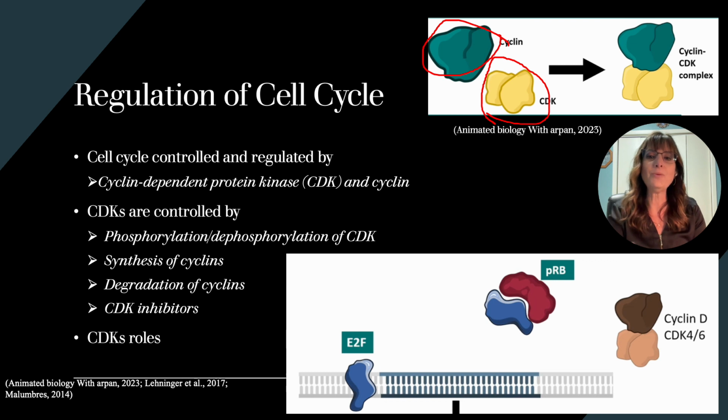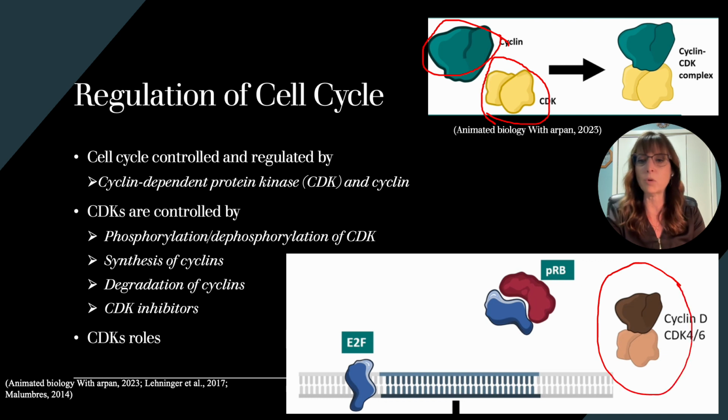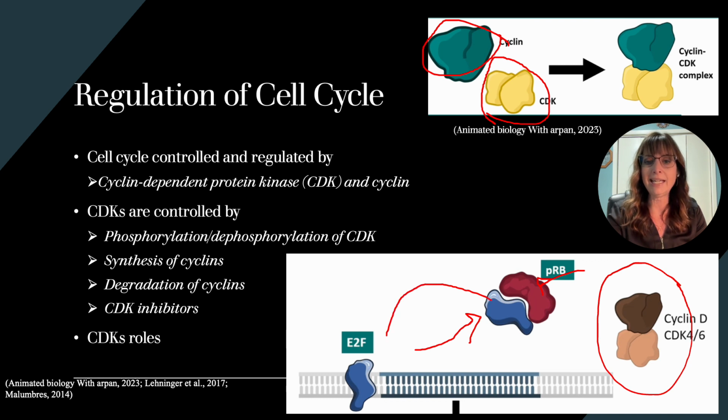So how does this cyclin D CDK4/6 complex work? Well, it's a little bit more complicated than that. We have this protein called PRB, and PRB is normally bound to E2F. When E2F can dissociate, it can go bind to DNA.